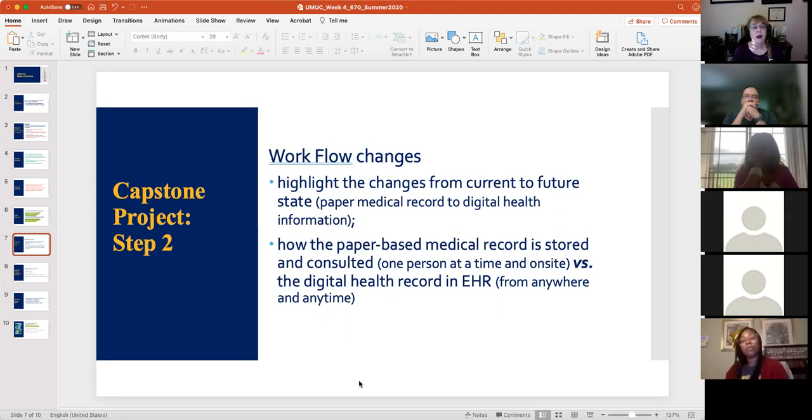So when they are not on the premises of the hospital, they can still access the patient's record.